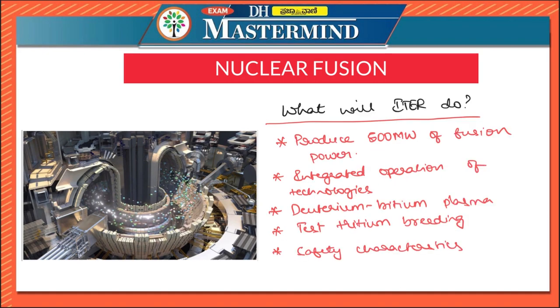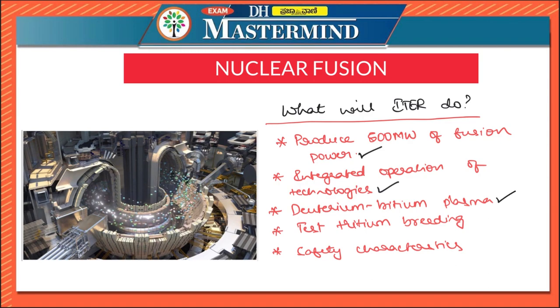Now let us see what ITER will do. First of all, ITER aims to produce 500 megawatts of fusion power. Next, it demonstrates the integrated operation of technologies required for a fusion power plant. Next, it is going to achieve a deuterium-tritium plasma in which the reaction is sustained through internal heating.